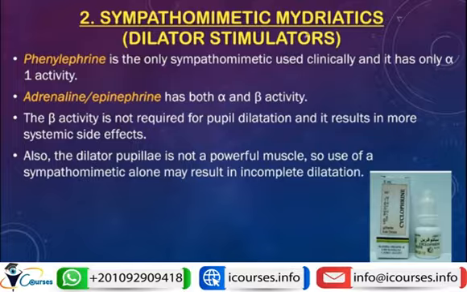The sympathomimetic mydriatics cause stimulation of the dilator pupillae muscle, and as we said, this is phenylephrine. This is the only drug which is used in ophthalmology. It is the only sympathomimetic that is used clinically, and it has only alpha-1 activity. And this is good because we have only alpha-1 receptors in the dilator pupillae muscle, so we need only alpha-1 activity.